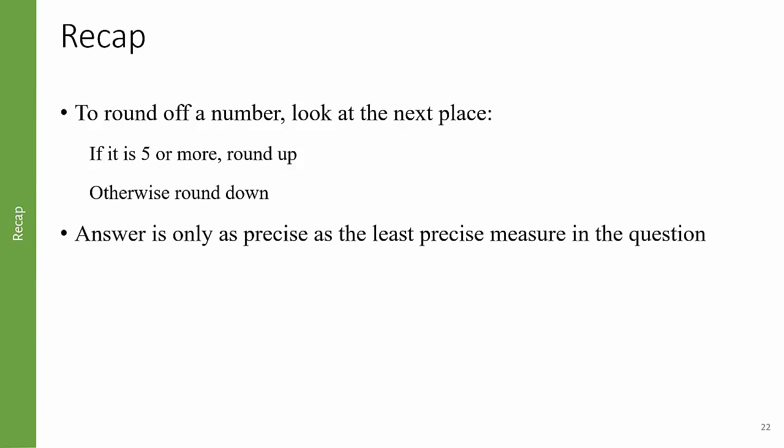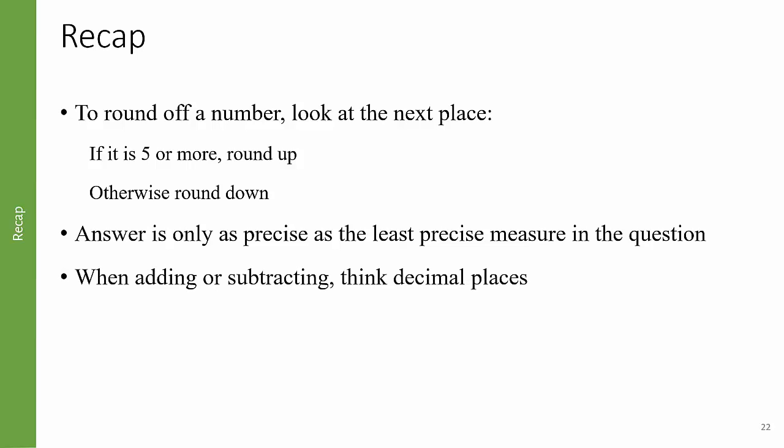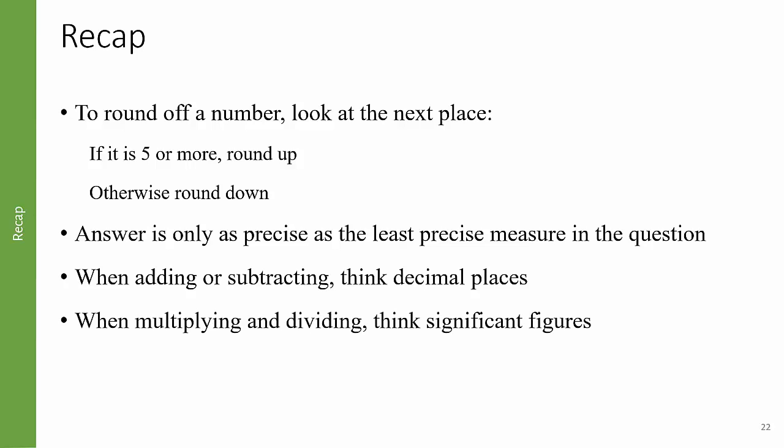When we're doing calculations, we can only quote our answer as precise as the least precise measure in the question. Now, when we're adding and subtracting, we need to think decimal places. But when we're multiplying and dividing, we need to think significant figures.